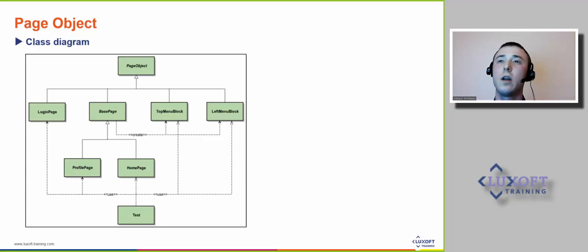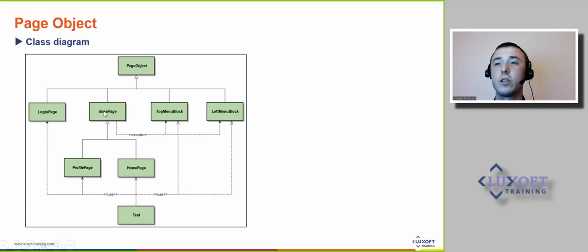The class diagram is actually not suited for every web application, but for some of them it will be good. For example, we have the page object class. It's the parent for all our page object components. We have the login page that extends page object. So all are children of page object.